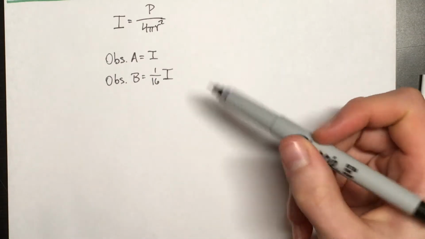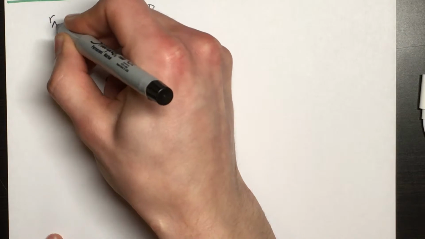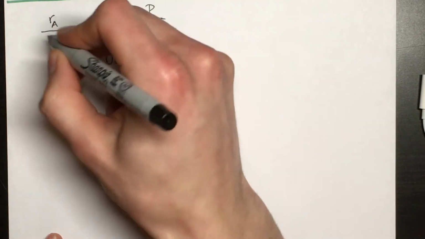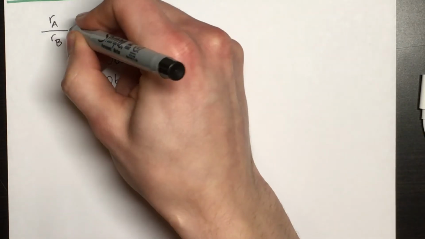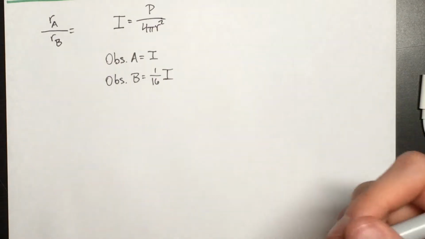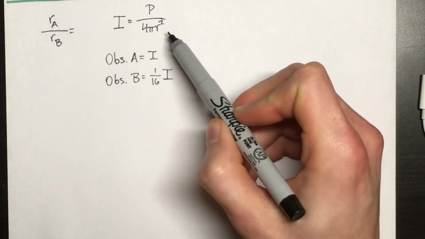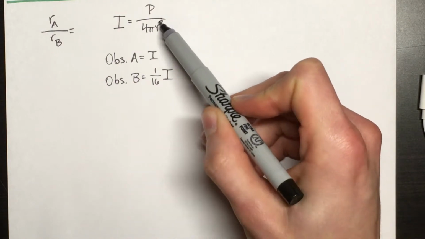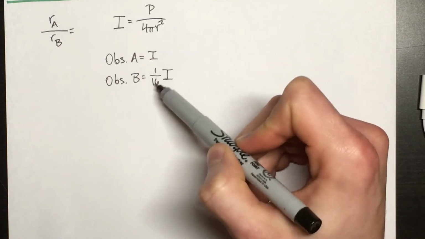What we're looking for is the ratio of the distance from antenna to observer A over the distance from antenna to observer B, right? So how can we find that? Well, we can use the formula it gave us, and solve for r when the intensity is I and when the intensity is 1/16 of I.